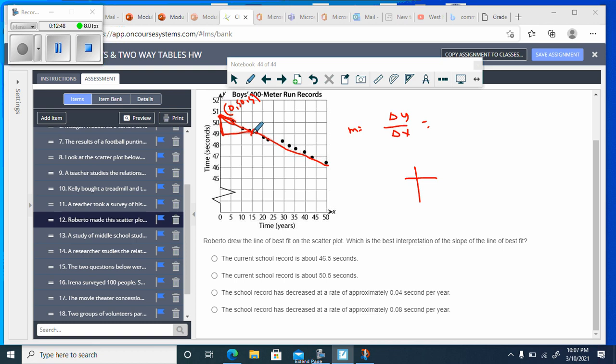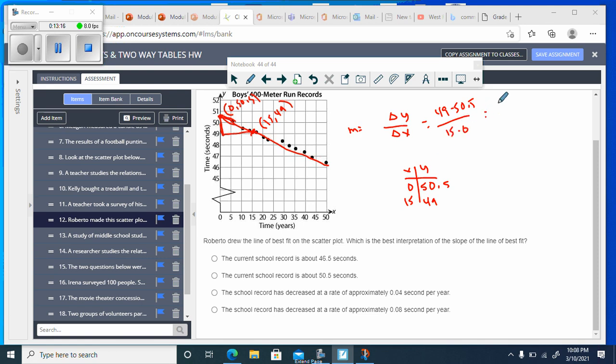This point here is about 15, 49. So x, y, 0, 50.5, 15, and 49. Okay, your change in y would be 49 minus 50.5 over 15 minus 0.